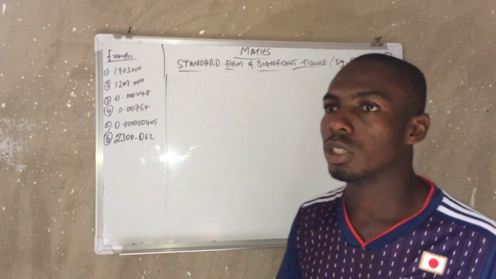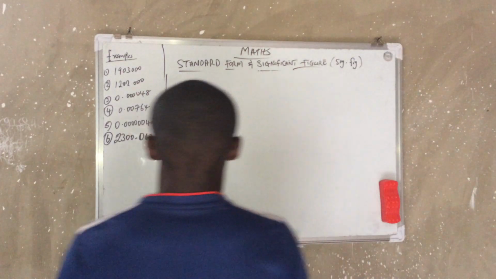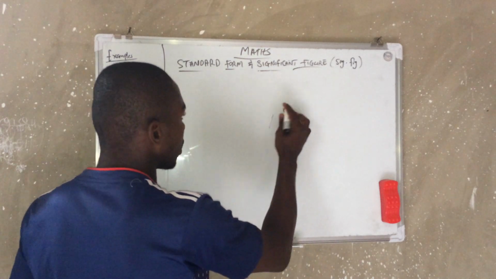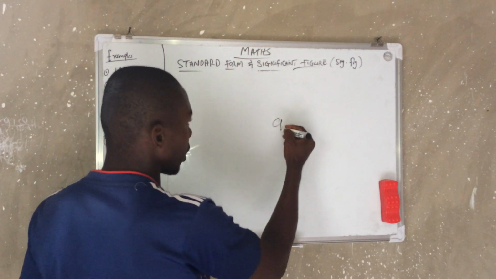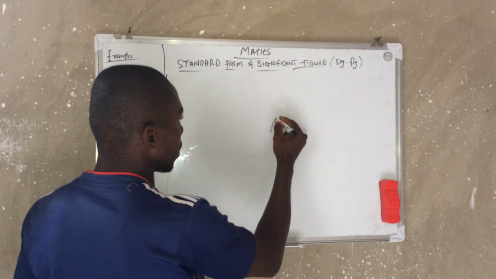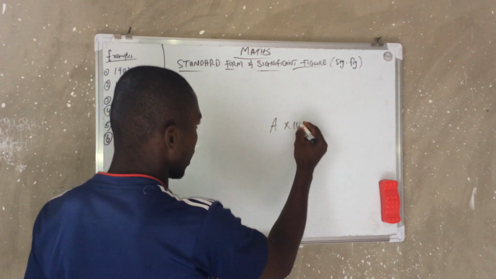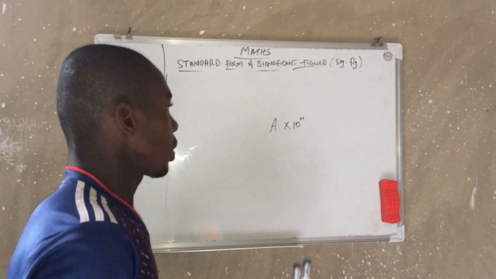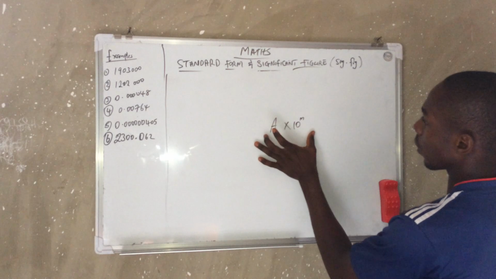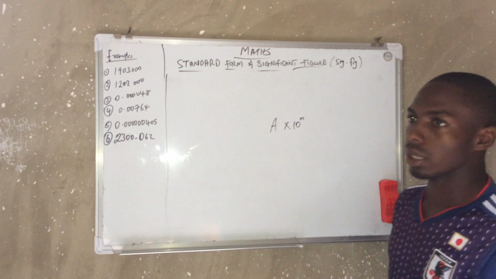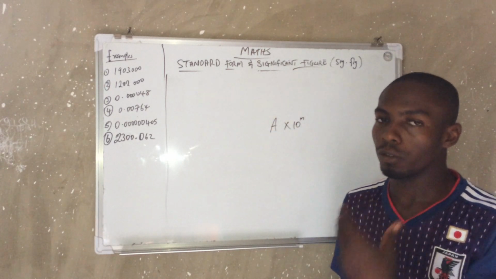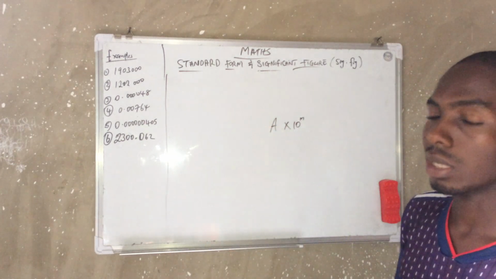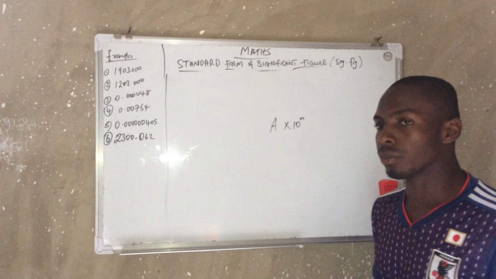Now, when a number is said to be in a standard form, it is expected to be in this, let us say, let me use capital, A multiplied by 10 raised to the power M. Now, if it is in this form, just like in my own level of knowledge, it is in standard form.